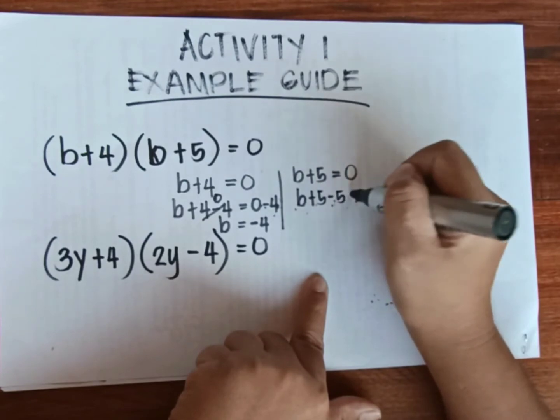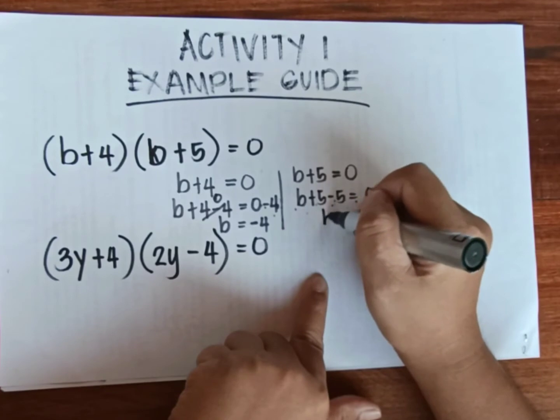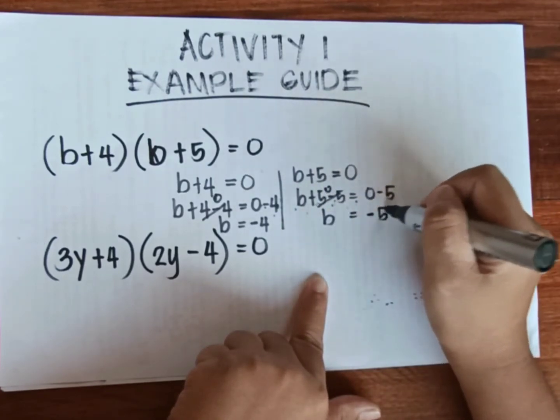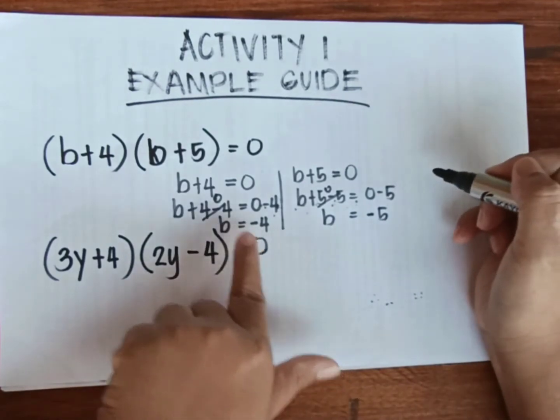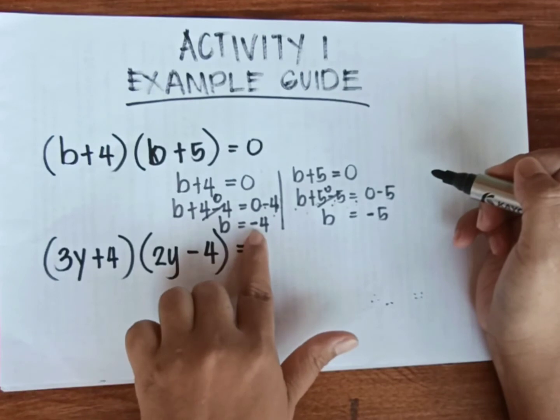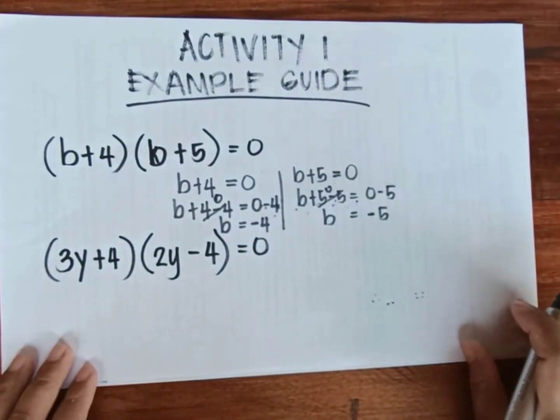So, minus 5, both sides. 0 minus 5. So, b, this becomes 0 again, equals to negative 5. Okay? So, the values of b here would be negative 4 and negative 5. So, it's easy, isn't it?